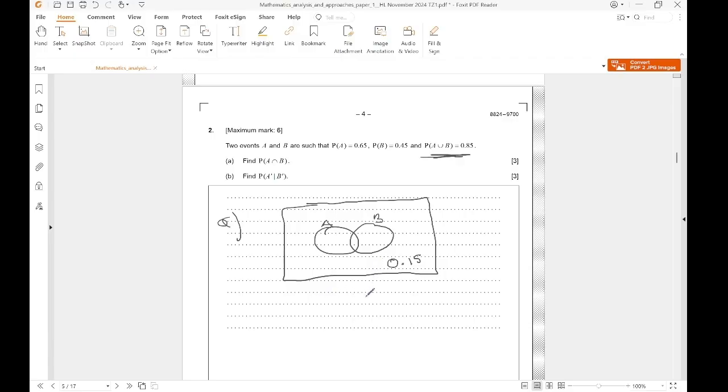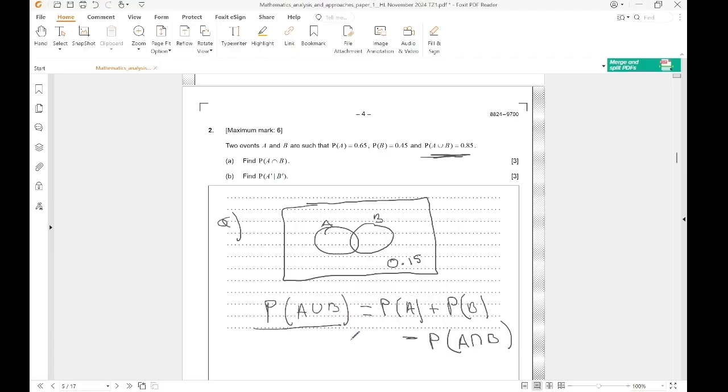We know that there's a formula for the probability of A union B: the probability of A plus the probability of B minus the probability of A intersection B. So that means the probability of A, this entire circle, plus the probability of B, this entire circle, minus the probability of A intersection B, that means this part over here.